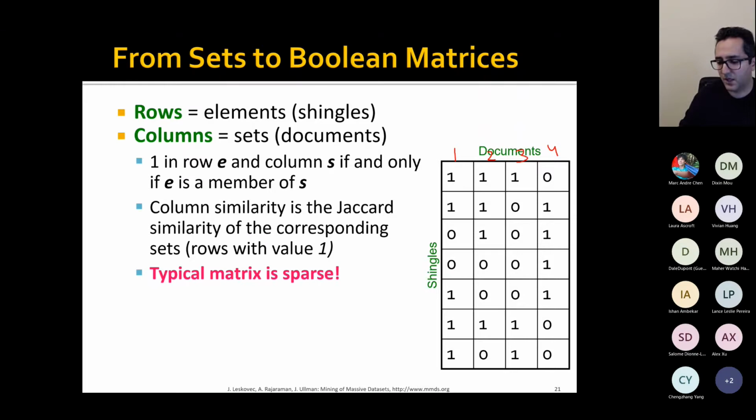Can we figure out Jaccard similarity from this matrix? I think people on YouTube don't see this. So what I'm asking is, what is the similarity of document 1 and document 3?